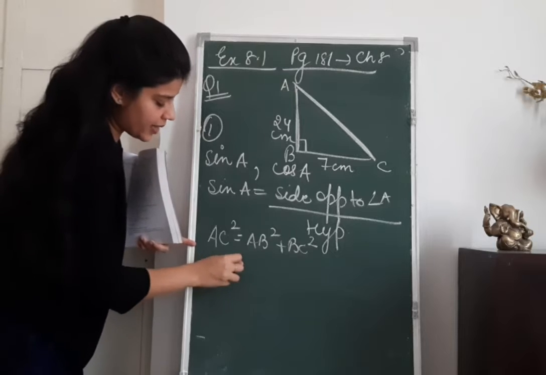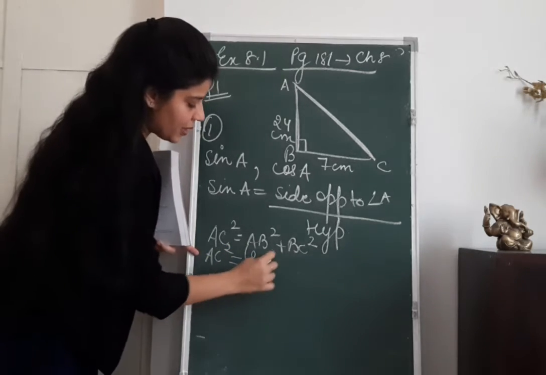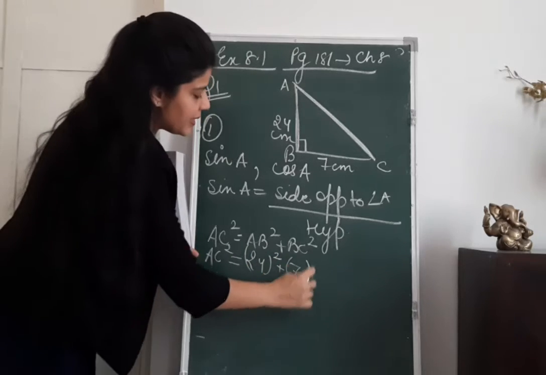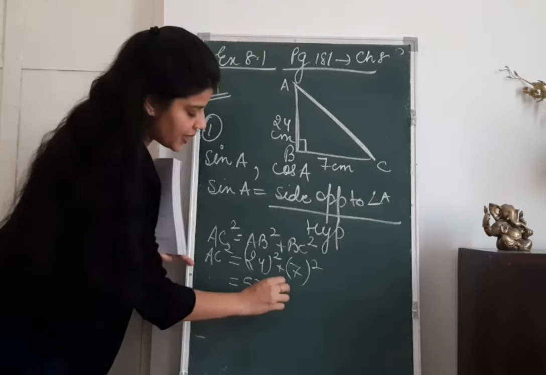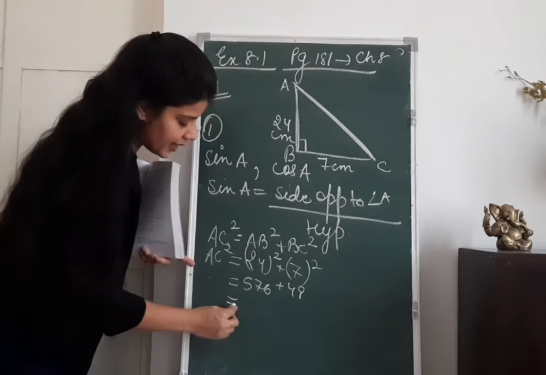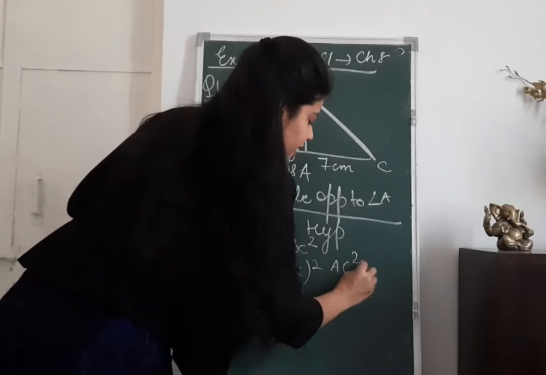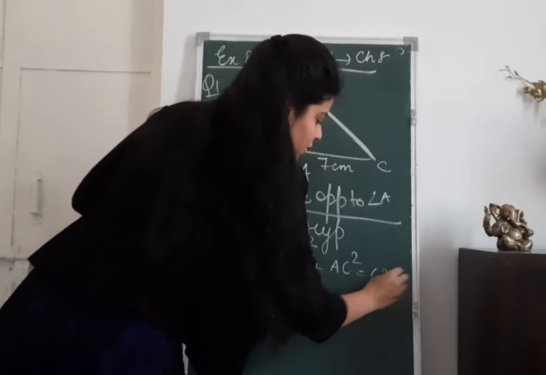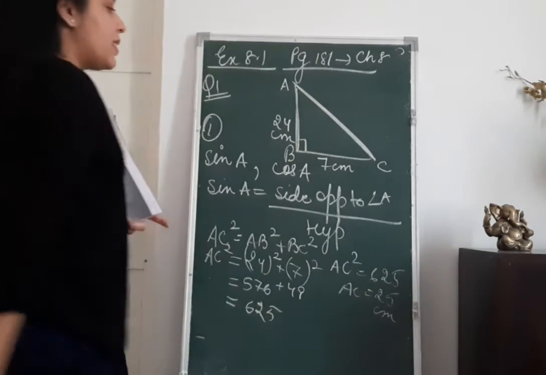Now AC square we need to find out. AB square is 24 whole square plus BC is 7 square, which is equals to 24 into 24 is 576, 7 7 is 49, that gives me 625. That means AC square is equals to 625. So AC will be equal to 25 centimeter.